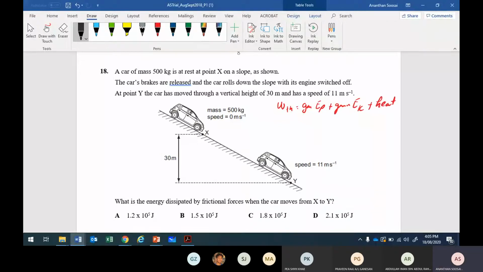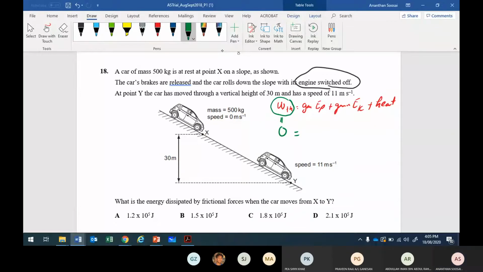So what is the question? The car 500 kg rests at point X on a slope. The car brakes are released and the car rolls down the slope with engine off. If the engine is off, the work done by the thrust becomes zero. So no thrust.